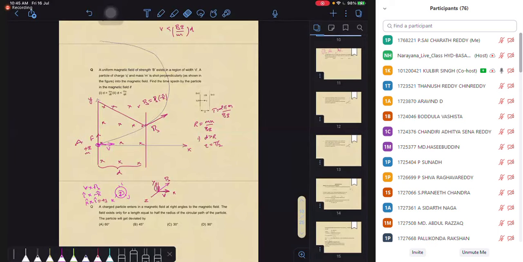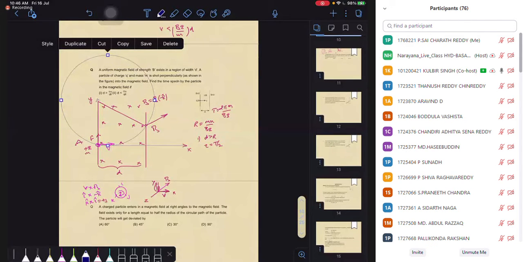It's not looking like an arc of a circle, so let me make it a better way. Now you can see it is making an arc of a circle. Now AB is the arc of my circle.